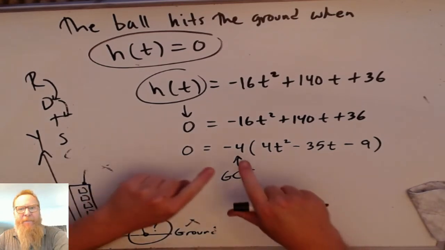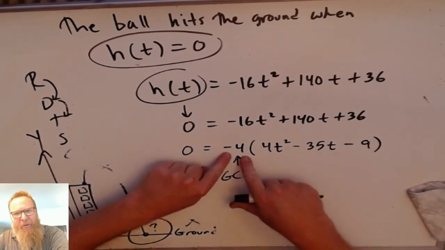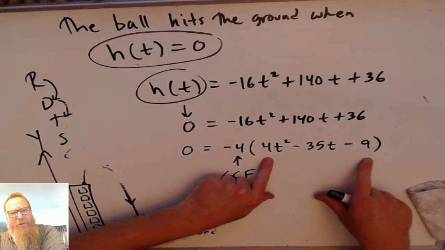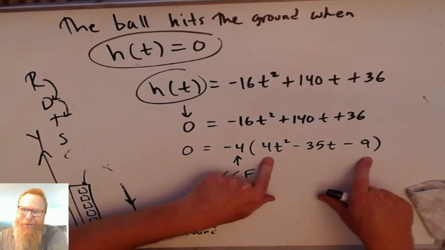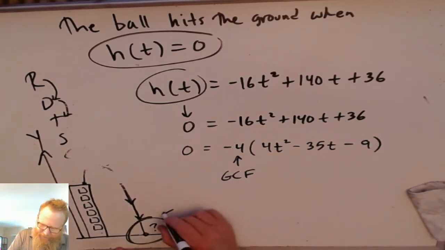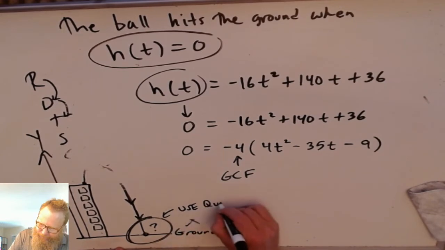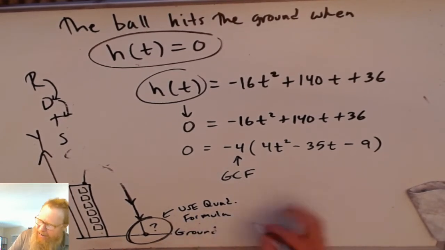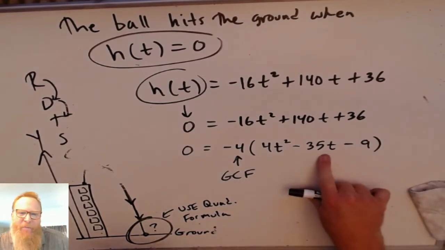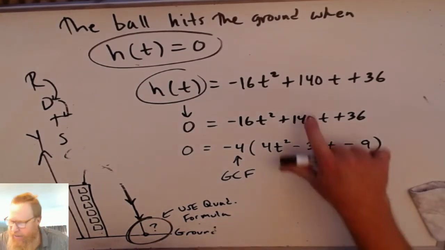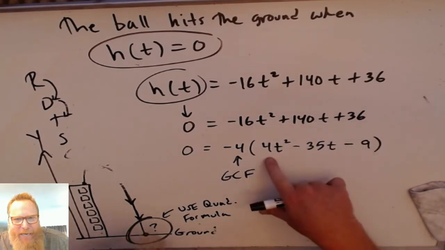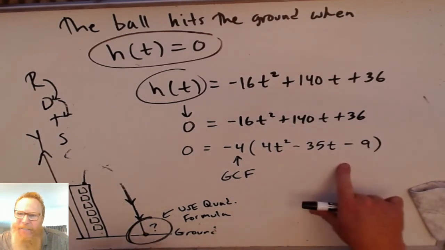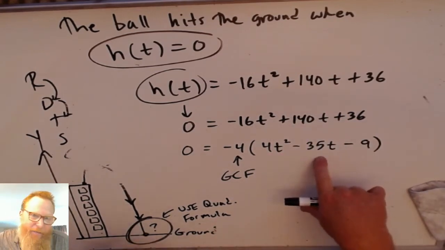I'm just going to do it my way. But if you factor out the negative 4, then when you do the quadratic formula, which I'm going to do to find the ground, rarely ever is the middle term even. I know it was even originally, but it's not going to be even now. If I divide this by 4, it's definitely not going to be even.